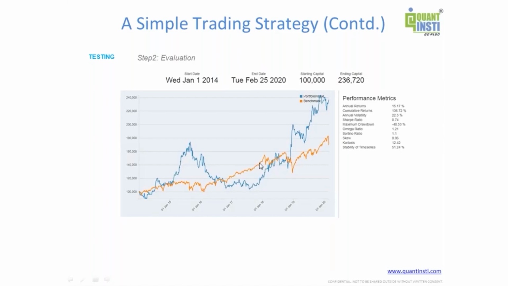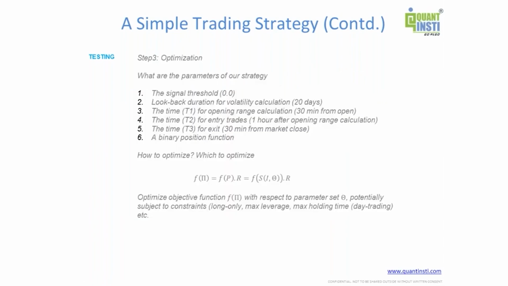So this is about the slide you have just seen, but we'll skip it. We have already seen the real thing. So the question is how we go about the optimization. Before we even start, we first have to estimate what the parameters in our strategy are. The first parameter is the signal threshold.